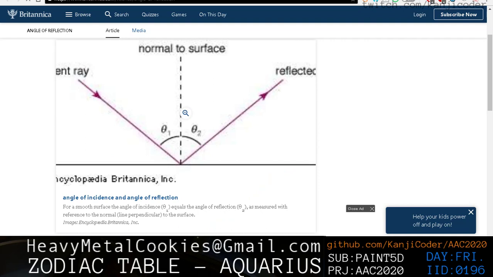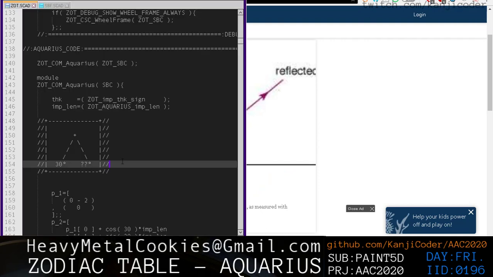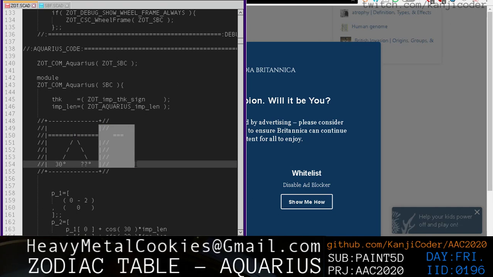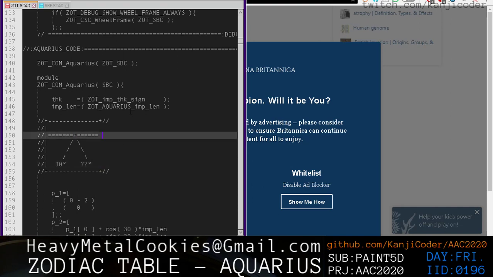So we can use the normal of the surface.